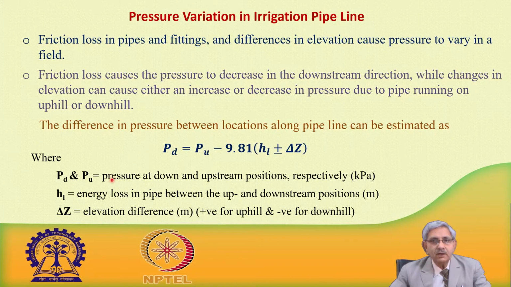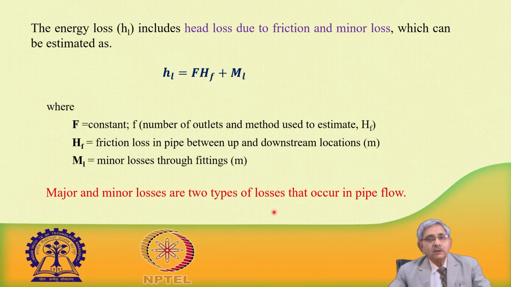HL refers to the head loss in the pipeline between upstream and downstream, expressed in meters. Delta Z refers to the elevation difference. It is positive when we are going up the hill and negative when we are going down the hill.